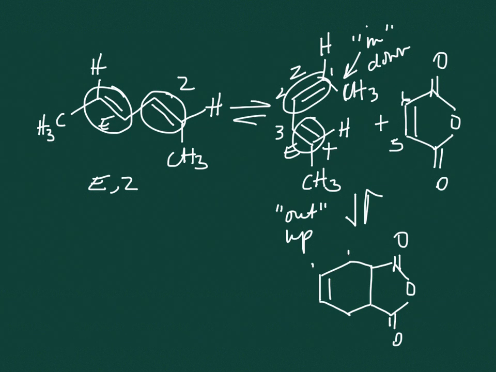This was 1, 2, 3, 4, 5, 6. Again, the ring should be pointing down. So we need to make the hydrogens here at the bridge pointing up. The methyl group on carbon 1 is pointing in, so that will be down. The one on carbon 4 was pointing out, so that will be up.